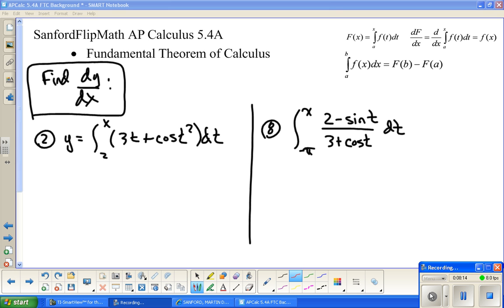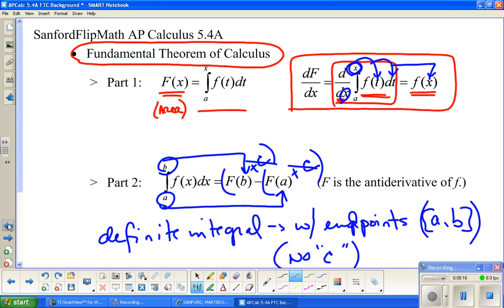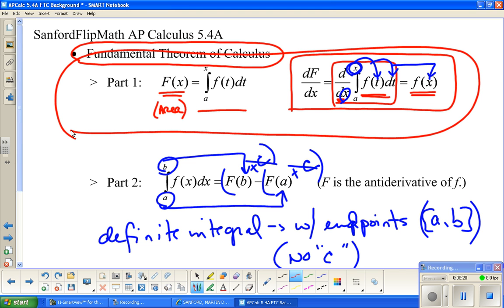Okay, so really, if we go back to this rule up here at the top, the rule says if I do the derivative of the integral, basically the derivative and integral just kind of cancel each other out since the integral is an antiderivative. And notice that here's this a here, and a doesn't appear in here anywhere. Think about why.